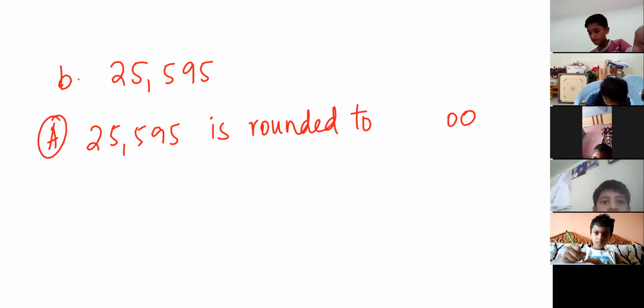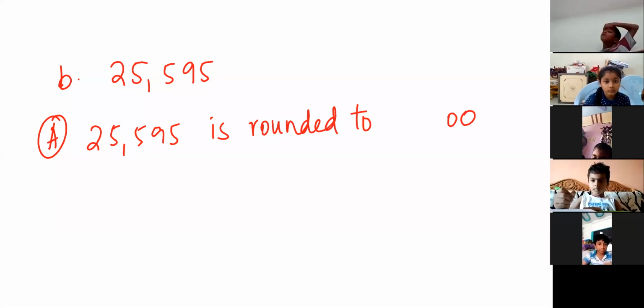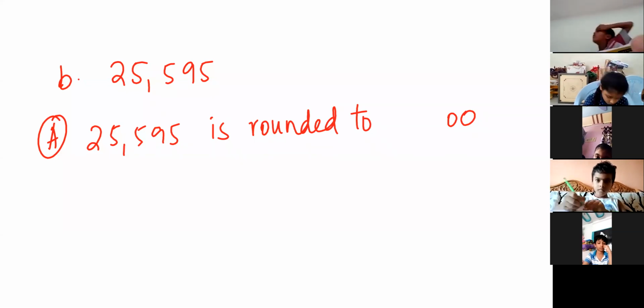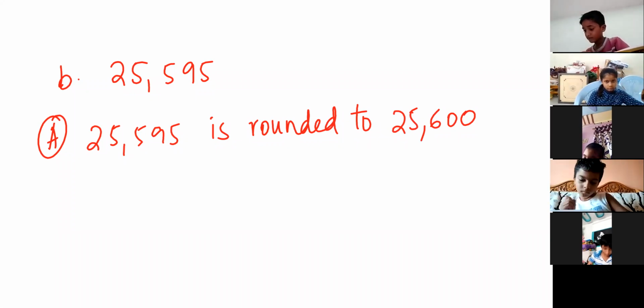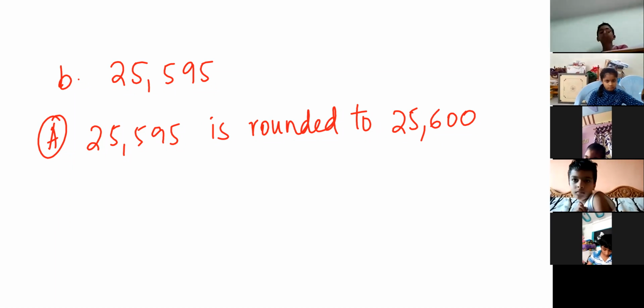Go back to the tens place number, check whether that is greater than or less than 4. 9 is greater than 4, right? Then you have to immediately add 1 in the hundreds place. So the hundreds place becomes 6. 5 plus 1 is 6. Then 25 as it is. 25,600. In this manner, you have to write the answers. Got it?